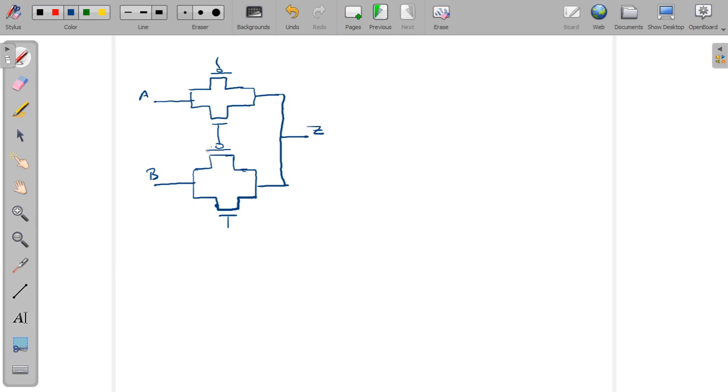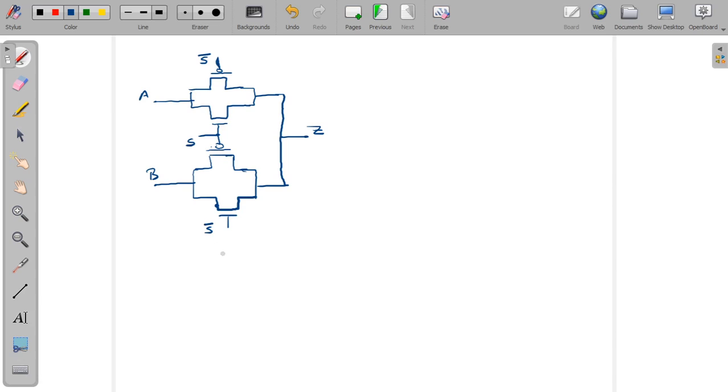Okay, and let's say this is the common S. Okay, and this is S bar, and this is also S bar.